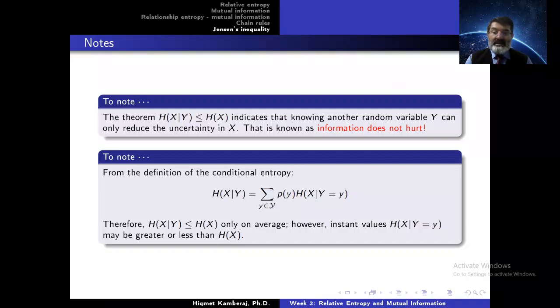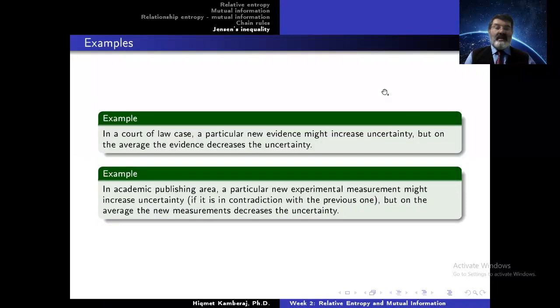Another note is from the definition of the conditional entropy, H of x given y, which is equal to the sum over all y's from epsilon, p of y times H of x given y equal to small y. Therefore, H of x given y less or equal to H of x applies only on average. However, individual values H of x given y equal to small y may be greater or less than H of x. And we are going to illustrate this with some examples.